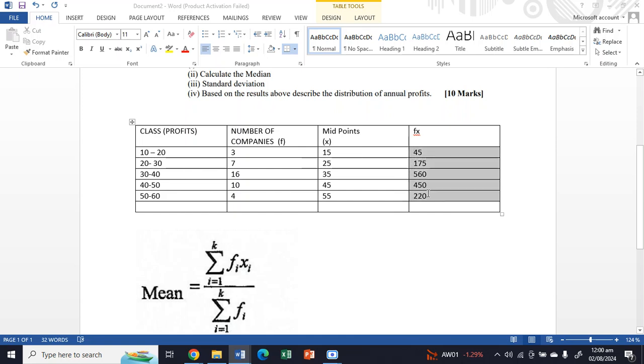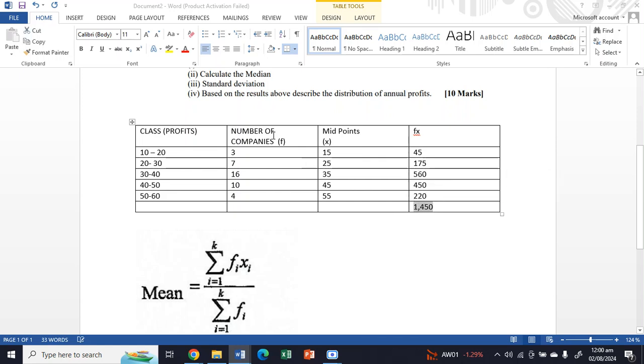So let's add all these values here. 45 plus 175 plus 560 plus 450 plus 220 gives 1450.